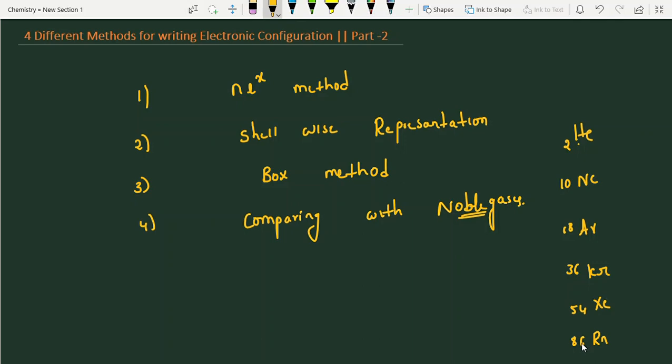If you know the atomic number, then only we come to know electrons, then only we can write electronic configuration, right? For that also students are confused. So noble gases, you must learn.